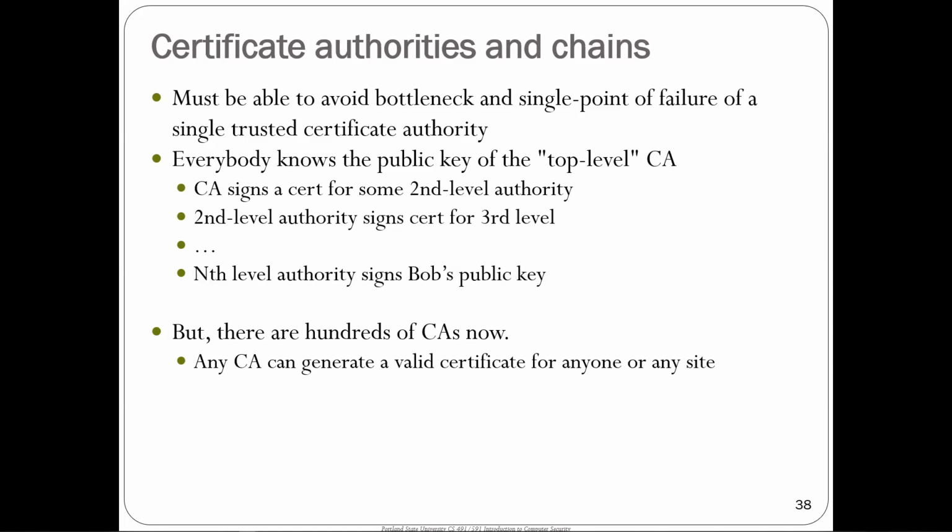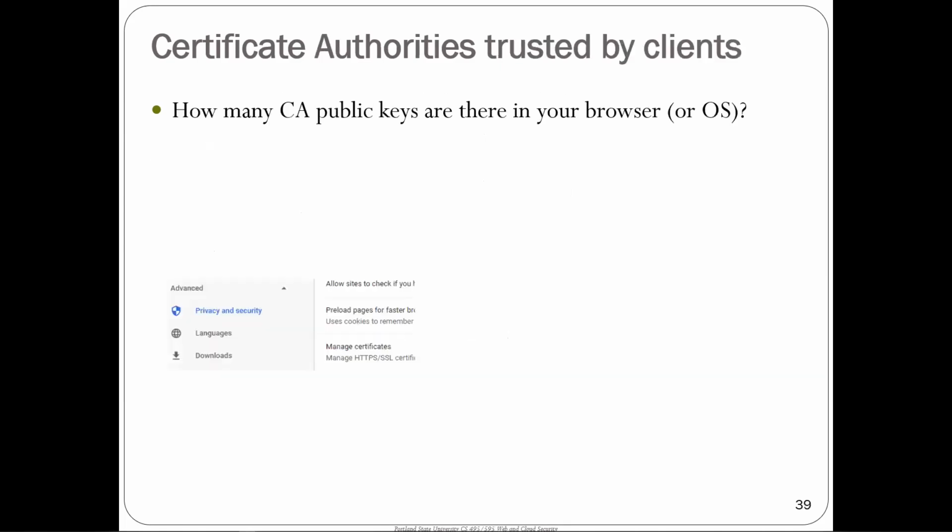Like who gets to decide, if a nation state wants to be a CA in order to control the communication to their citizens and is willing to do whatever it takes to hijack the communication, well then can Mozilla just say, I don't trust that CA anymore? This is something that's a policy thing for you to look at. I don't know if I'm going to get to the policy part of this class, unfortunately, because there's so much technical stuff to get through.